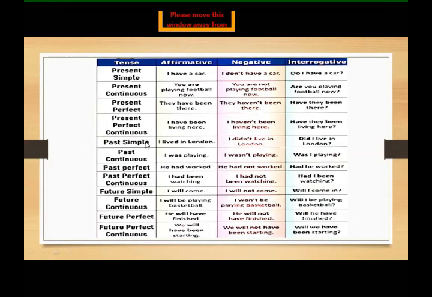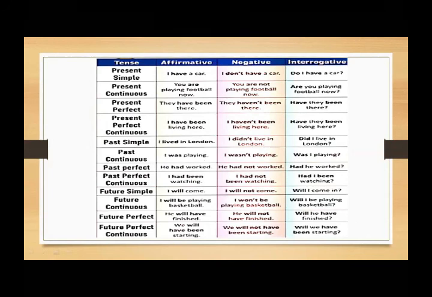Present perfect continuous: I have been living there. Negative: I haven't been living there. Interrogative: Have they been living there? Then simple past: I lived in London. I did not live in London. Did I live in London?